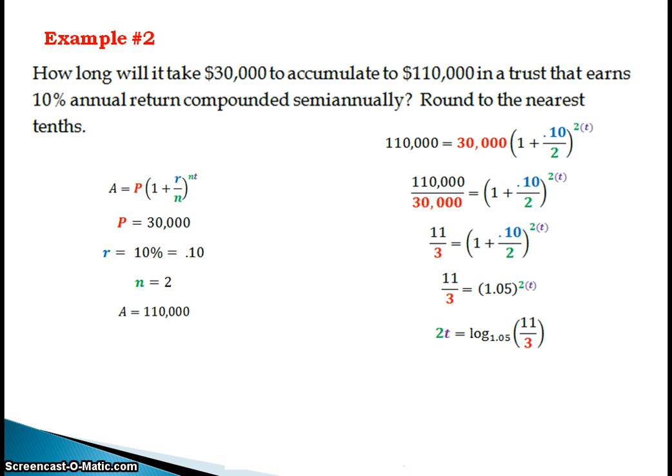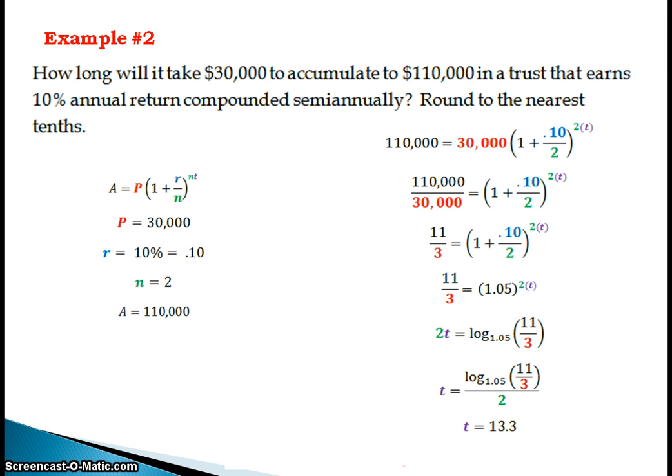And then we're going to find the inverse of that expression. So our base was 1.05. The output of our previous expression becomes the input for the log, and the input here becomes the output of our log. Now we can solve for t by finding out what this number is and dividing it by 2.